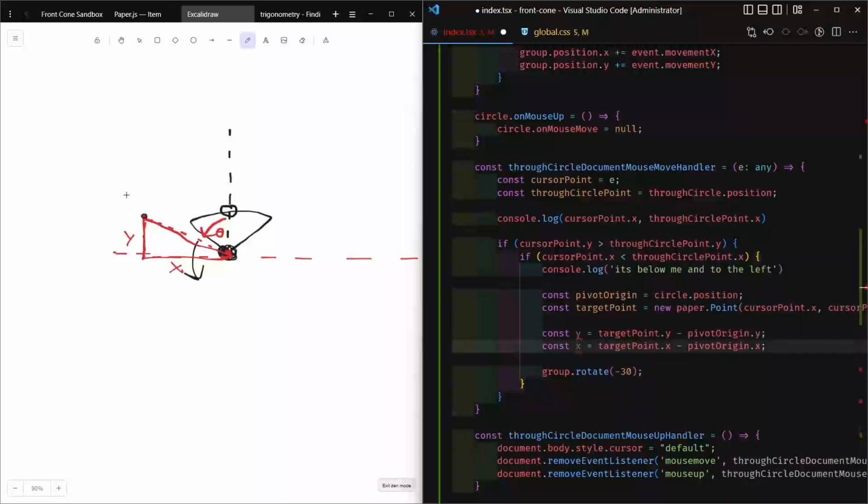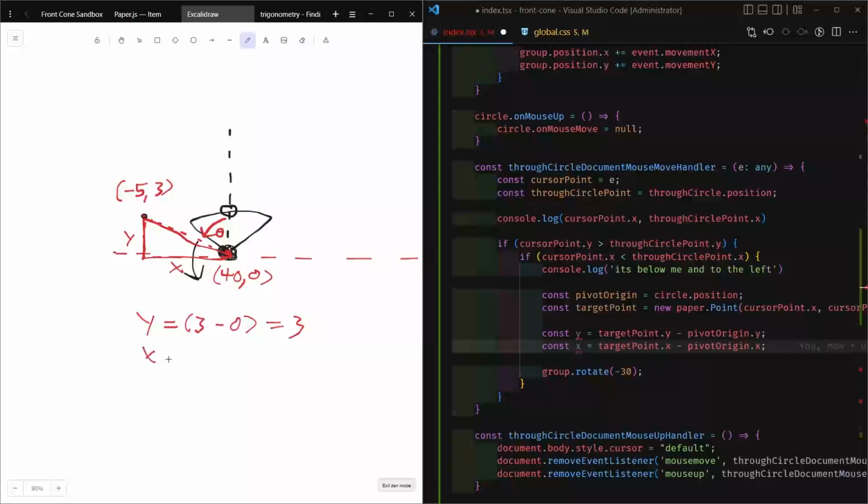Okay, so if this was like point -5, 3, and this was point like 40 for x, and for y it'd be like 0, right? Well, then y would equal the target point minus pivot origin, 3 minus 0 equals 3.